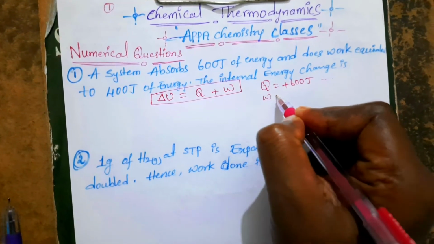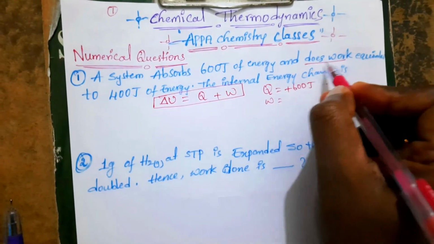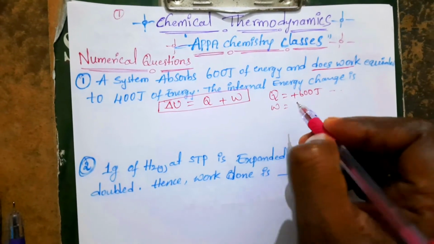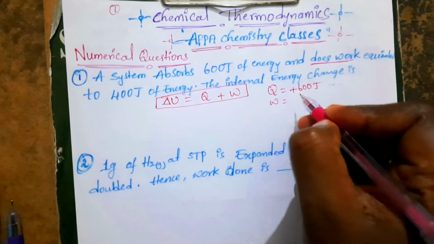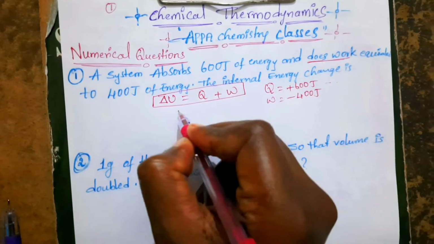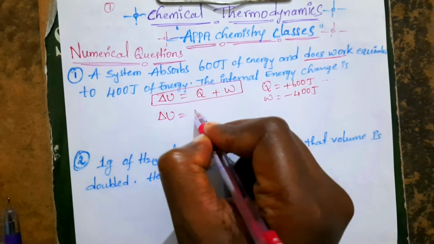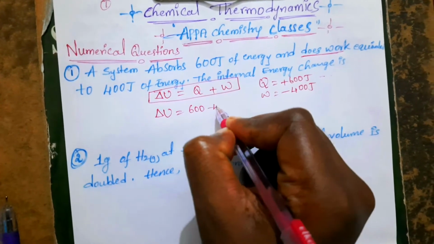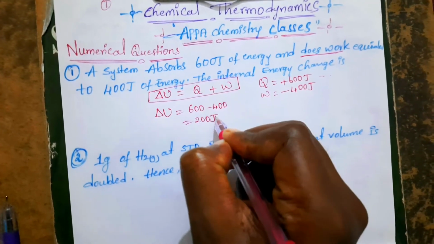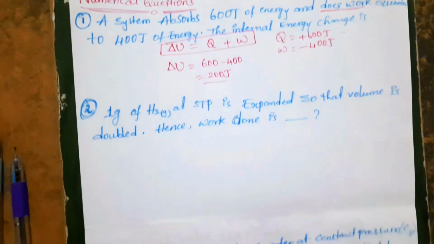Now W, work. Does work means which is doing work here? The system is doing the work. So work done by the system, you have to take it as negative. Then change in internal energy is equal to 600 minus 400, that is nothing but 200 joules. Is that clear? Now next question.